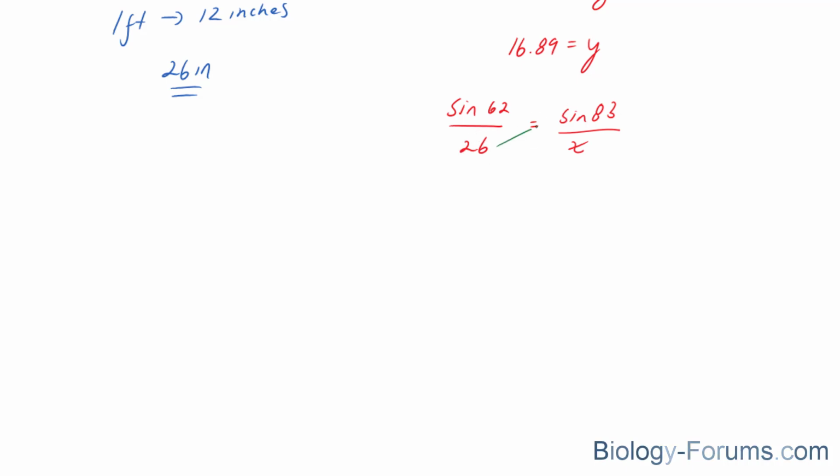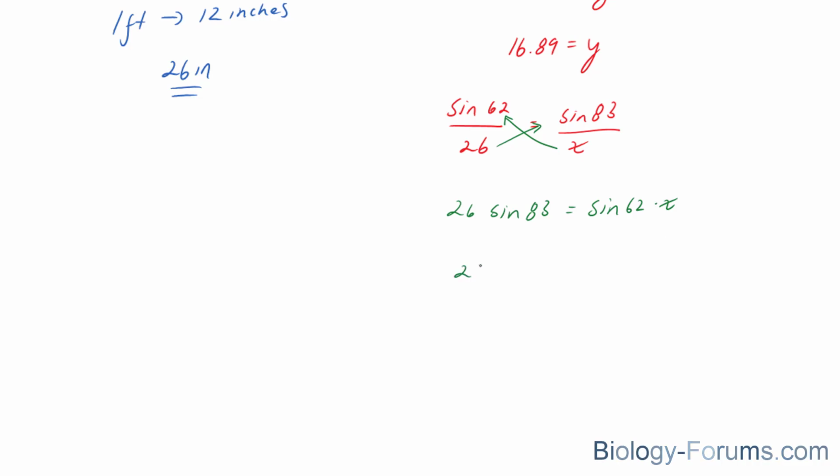You multiply across and also across this way. 26 times sine 83 is equal to sine 62 times X. To find out what X is, you divide both sides by sine 62.